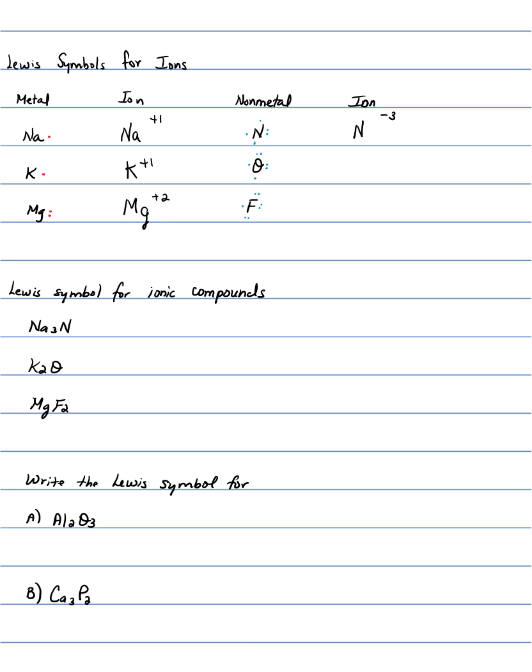Now the Lewis symbol for the ion of nitrogen. If nitrogen has a charge of -3, it means that it's gaining 3 electrons. So nitrogen is going from 5 to 8 electrons because it's gaining 3.